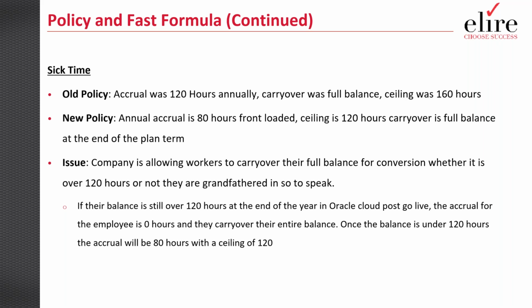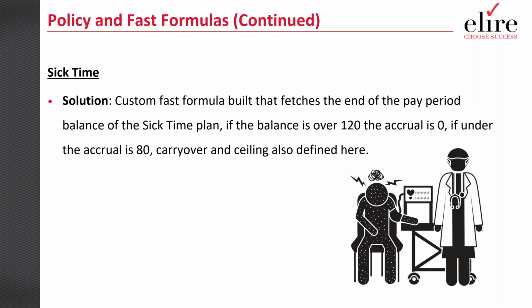So they can't accrue anymore. But once they finally go under 120 hours, then they're going to kick into the new accrual plan where they can gain 80 hours of sick time. So you can't do that within the system with a normal configuration. So that leads us to another fast formula and custom calculation.